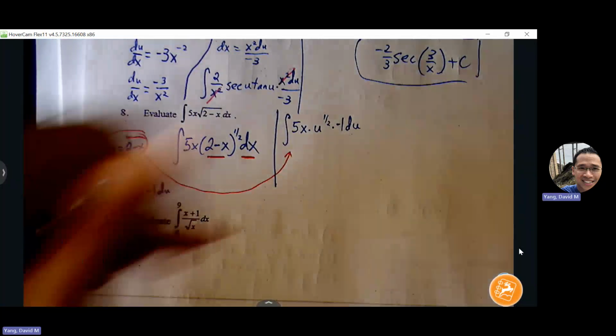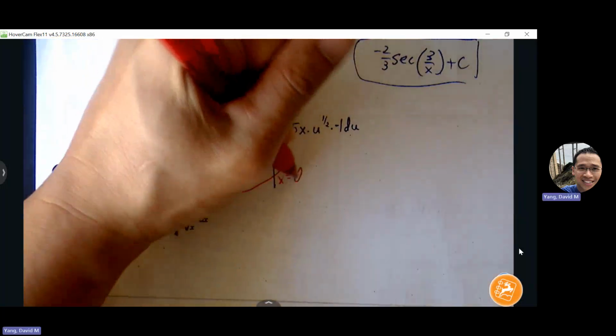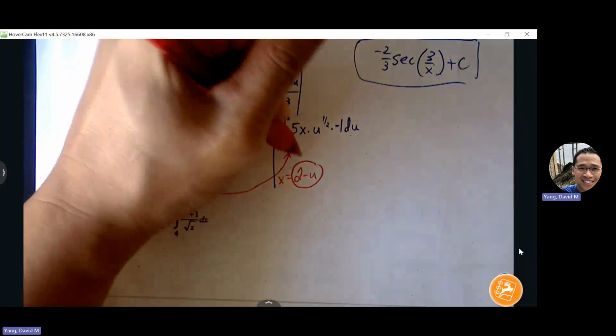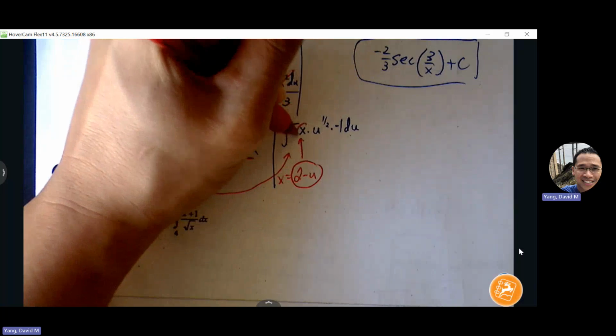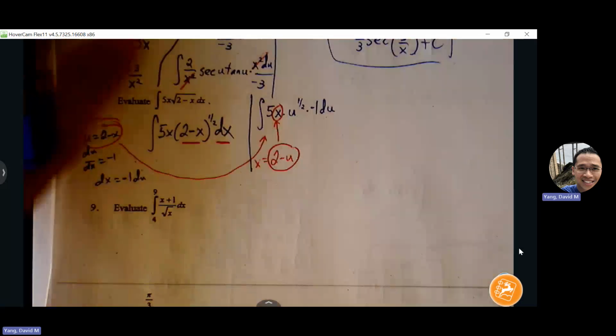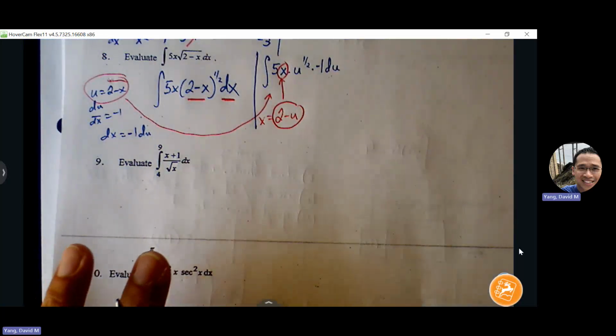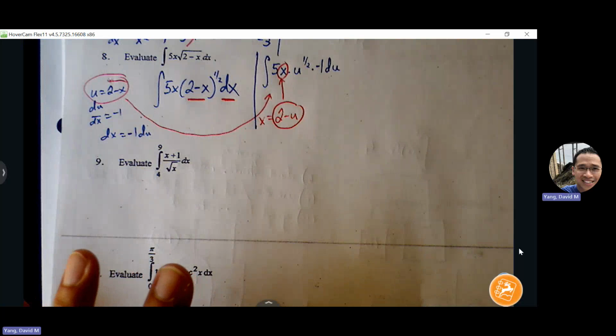So x equals what? 2 minus u. So this will go in place of this. Now, when we make that substitution, it's not going to automatically get us to where we want to be, but it will help us move in the right direction because our first goal is to get it down to one variable, and then we can clean up in necessary ways so that we can get it ready for power rule, and then we can do power rule at the end.